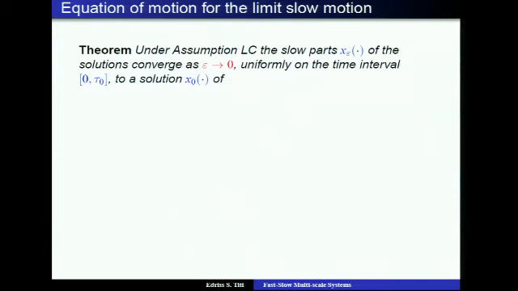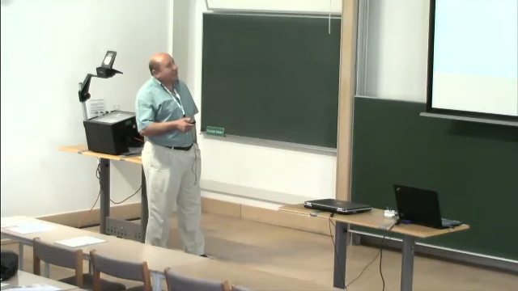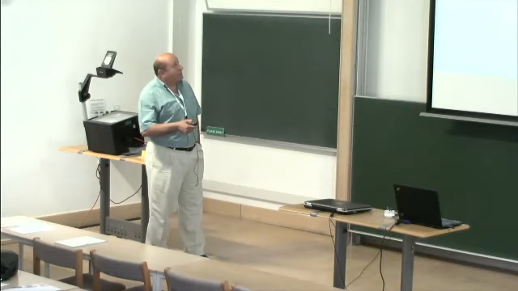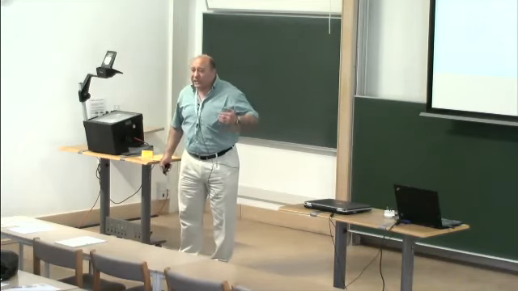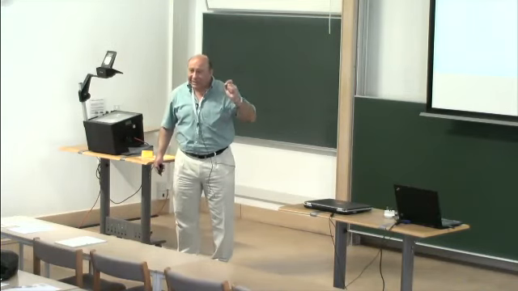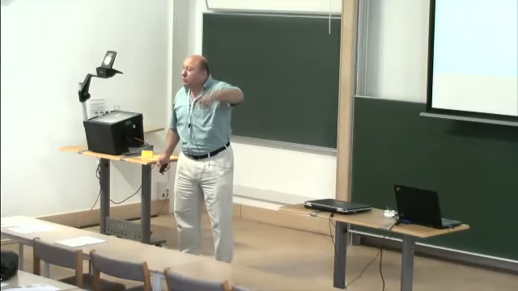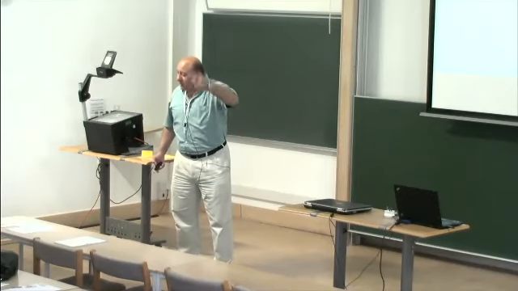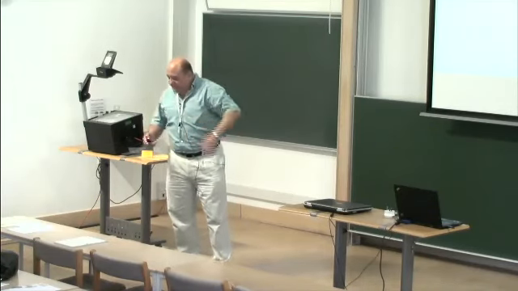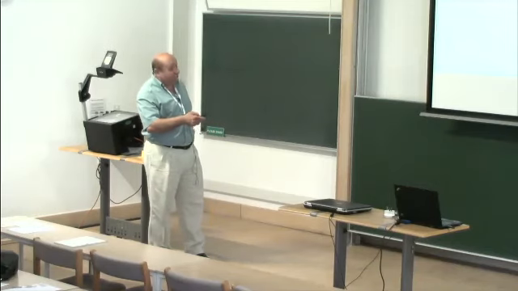So here is a theorem. Under the assumption of limit cycle, the x epsilon, namely the slow component of the solution, converges as epsilon goes to 0 uniformly to a given function. The slow component x epsilon, under the assumption that the fast dynamics goes to a limit cycle, is converging to some function x0.